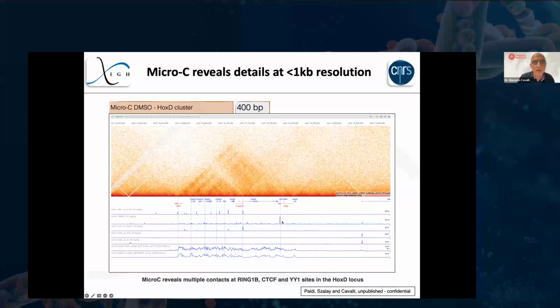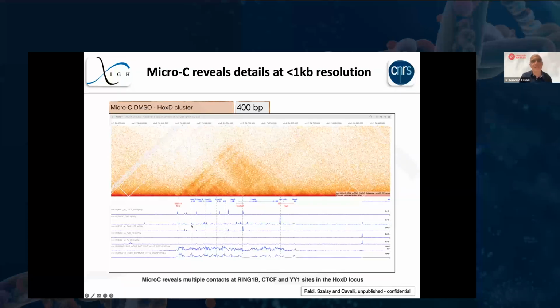This is a YY1 site, for instance, that is forming a contact where there's no CTCF with the other extreme, the CTCF-bound one. And some of the contacts that are made have high levels of signal of Ring1b, which is a Polycomb protein, instead of CTCF, and for some of the contacts, they're not forming loops.